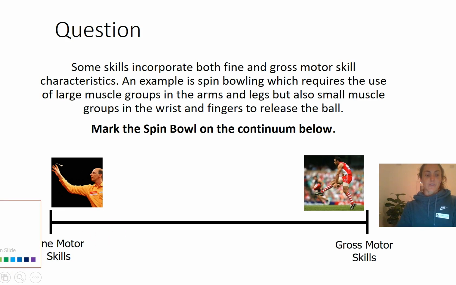Like we said, it has some fine elements in the wrist and fingers, but it does require those gross elements of the arms. So it might be marked about here on our continuum. More up the gross end, but it still has some fine elements. So when we think about things like darts, that would be right up this end, and swimming would be right up this end. So that gives you a little bit of an idea.